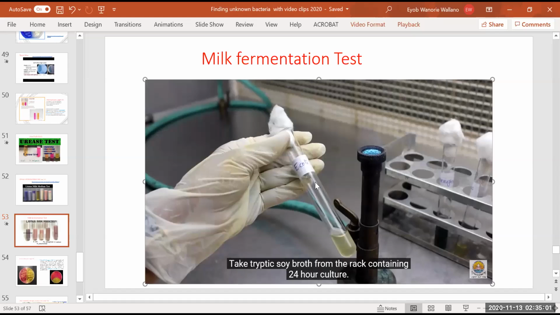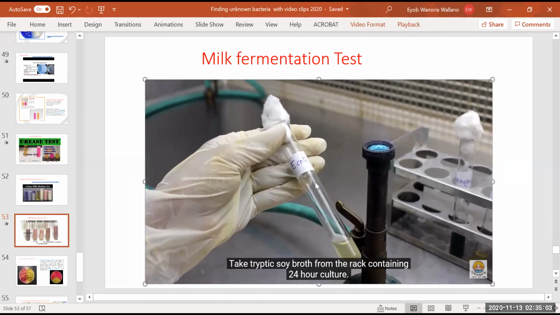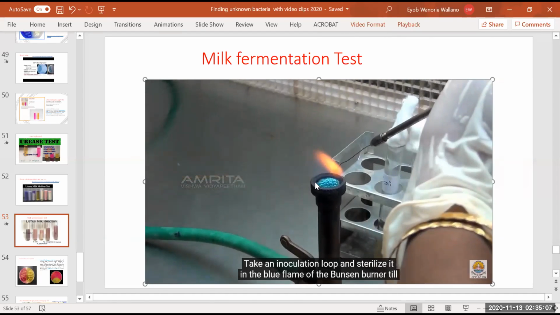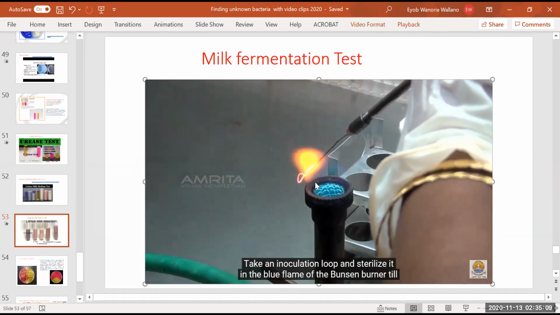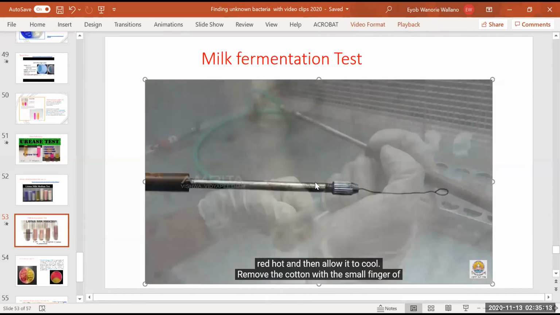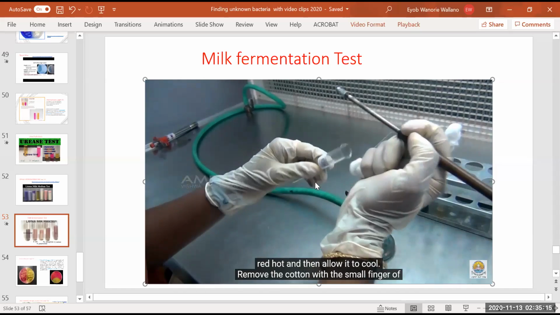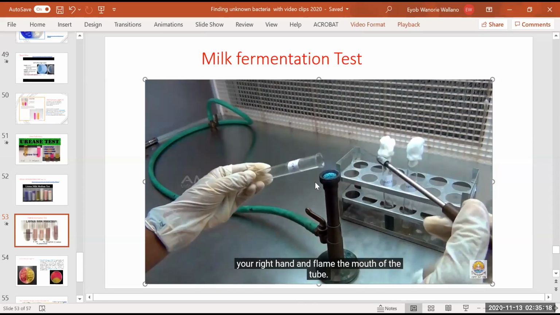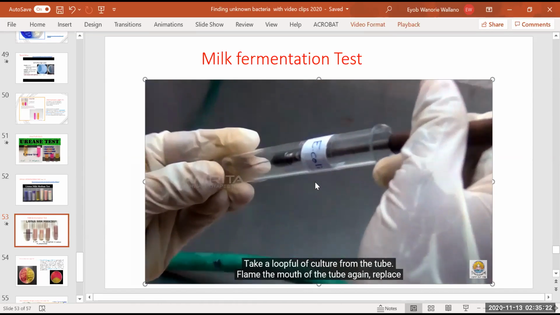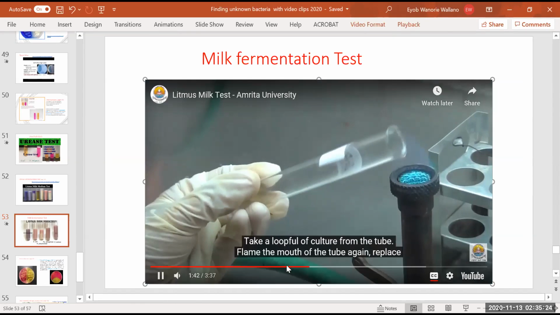Take tryptic soy broth from the rack containing the 24-hour culture. Take an inoculation loop and sterilize it in the blue flame of the Bunsen burner till red hot and then allow it to cool. Remove the cotton with the small finger of your right hand and flame the mouth of the tube. Take a loopful of culture from the tube. Flame the mouth of the tube again.